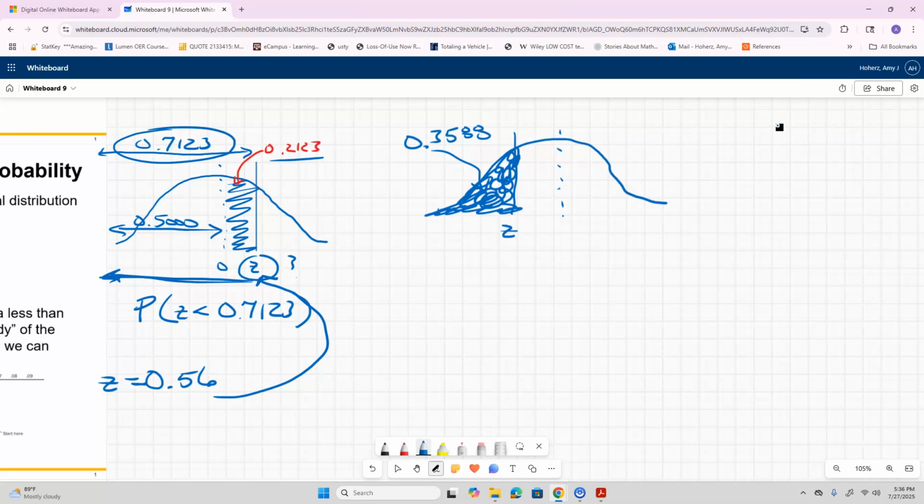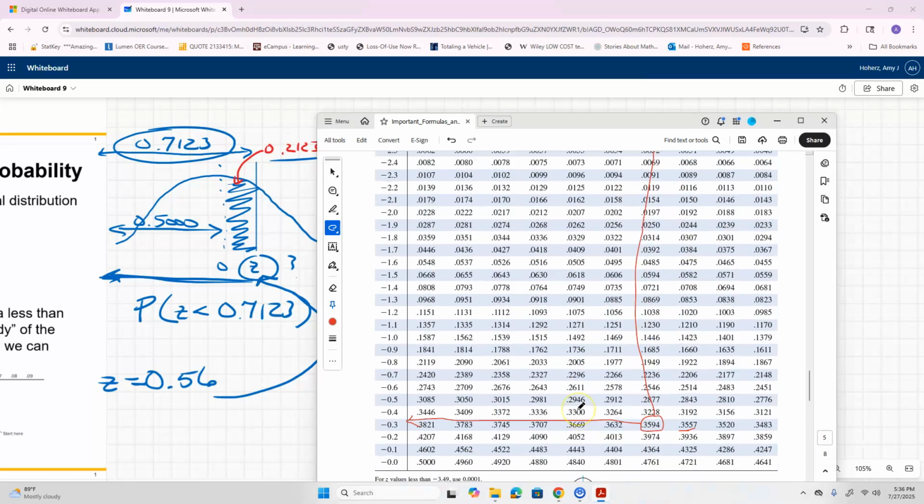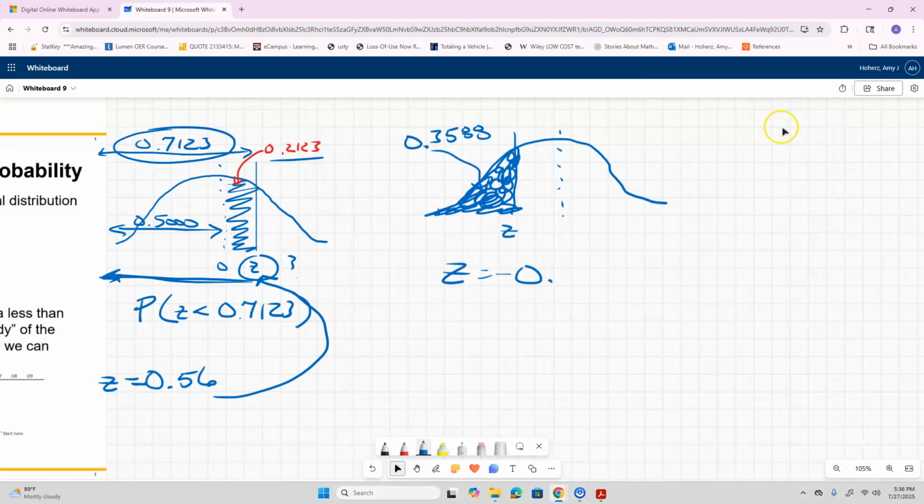So z equals negative... forgot already. What was it? Negative 0.36. Okay, so you would need a z-value of negative 0.36 to have 35.88% of the data below that z-value.